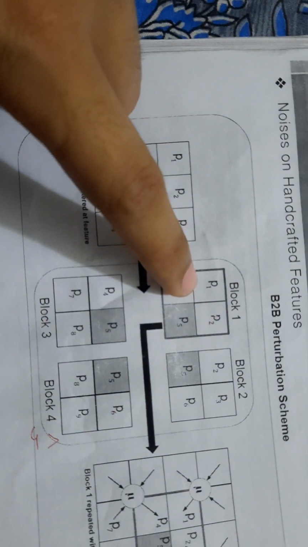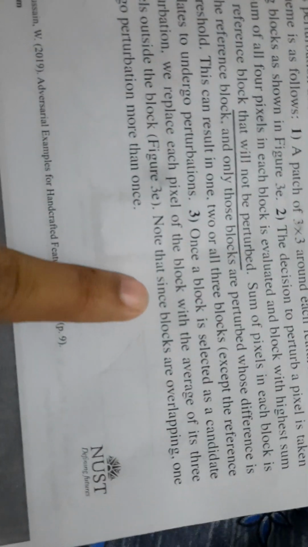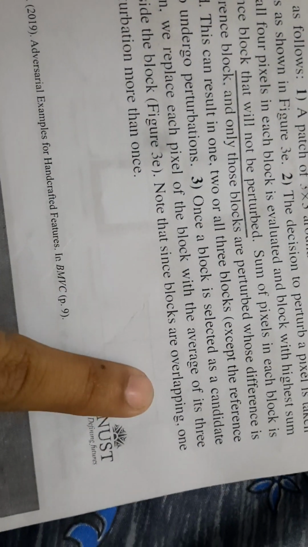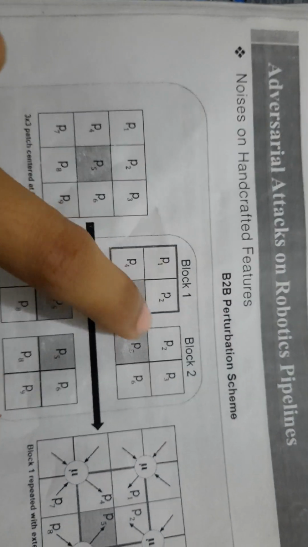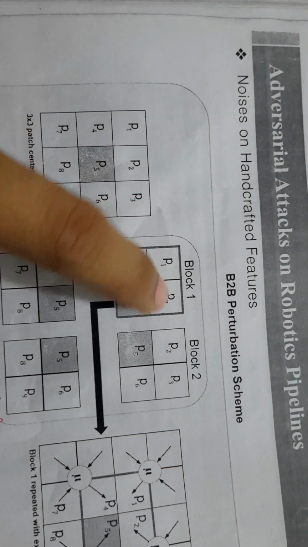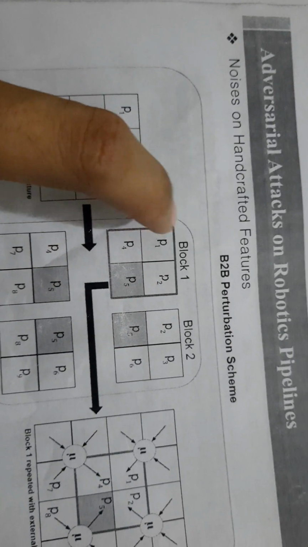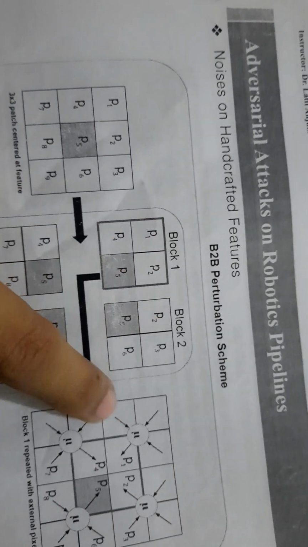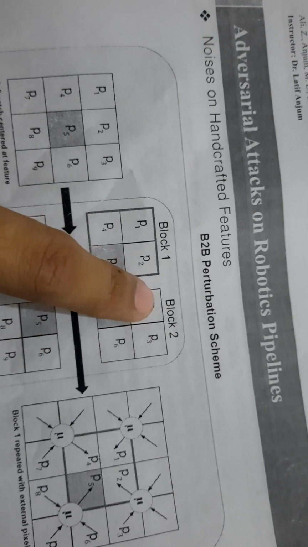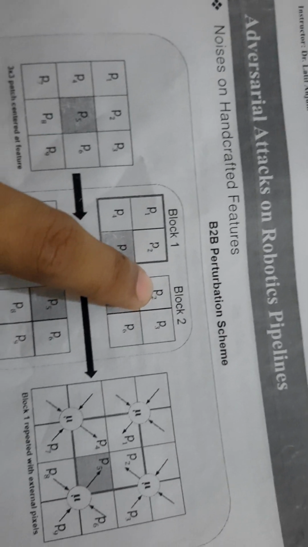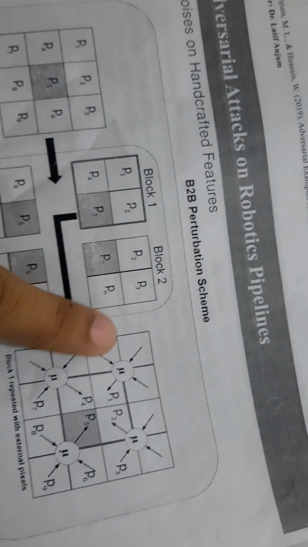So it is quite possible that, since blocks are overlapping, one pixel may undergo perturbation more than once, as you're seeing here. Here noise is added, and P2 is repeating here. After adding the noise here, the same procedure will be done for this block, and P2 will change again. And how are they adding the noise?